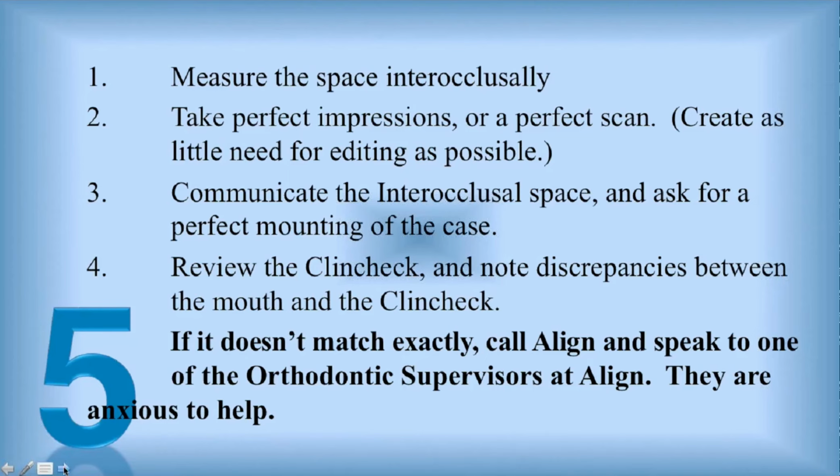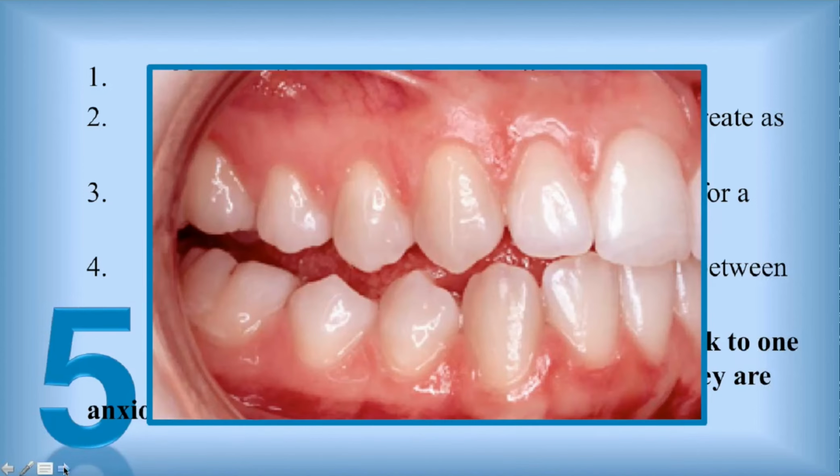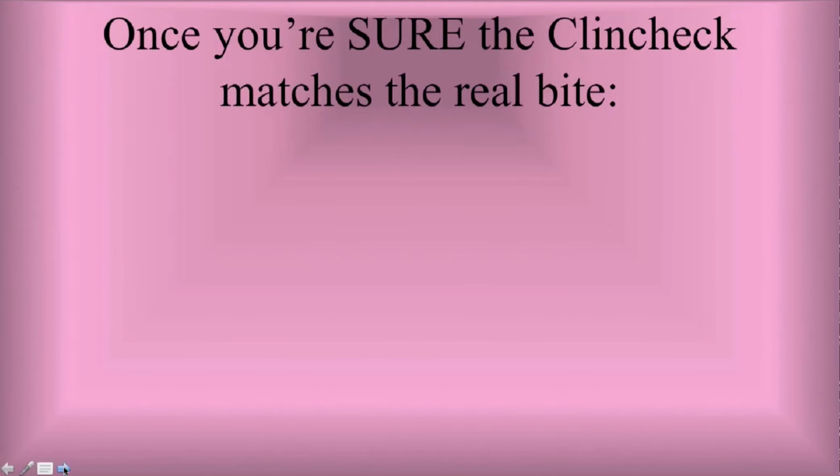And they will help you out a lot, and you'll explain to them what you've got, and you can take really good side view photographs, but that mounting difference of the interocclusal gauge is very helpful to make sure that the space is correct. It doesn't do you any good to go any further until the ClinCheck matches what you have there. Now, you've got a mouth that's got a posterior open bite, and you've got a ClinCheck that has a posterior open bite. Now you're ready to do the real work of your planning.